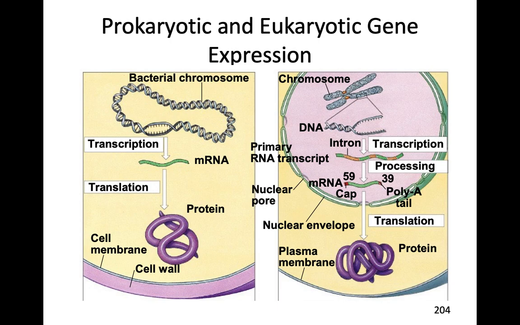The first one that we talked about was that prokaryotes take it easy and they don't have any introns. You can see the introns here in the eukaryote. And so there's nothing that they have to cut out before they make their mRNA. So they just transcribe it straight into mRNA.